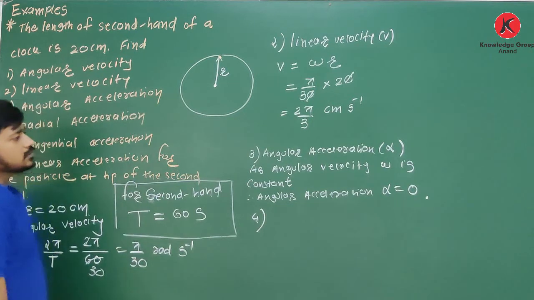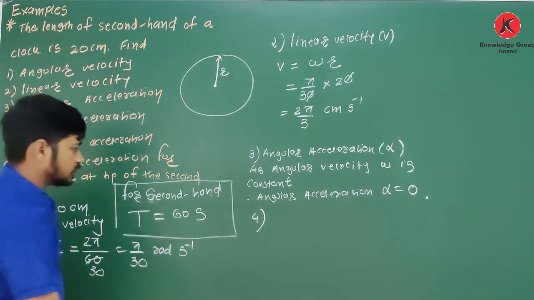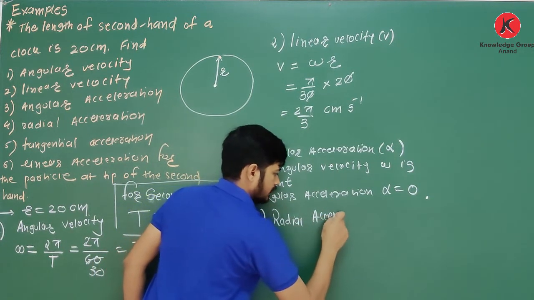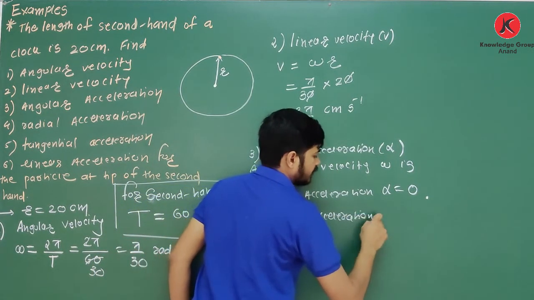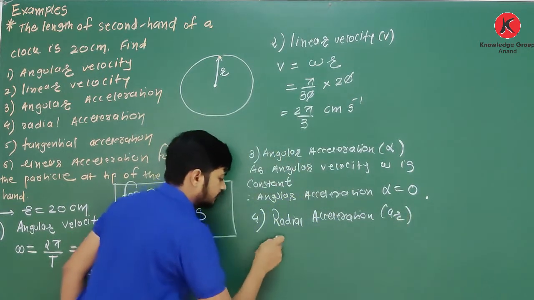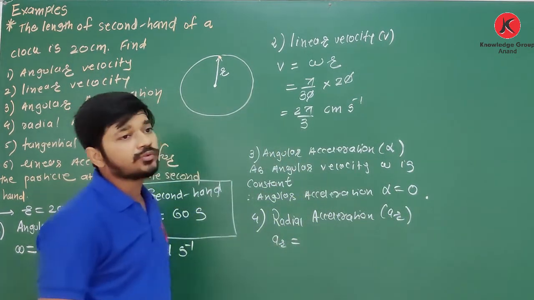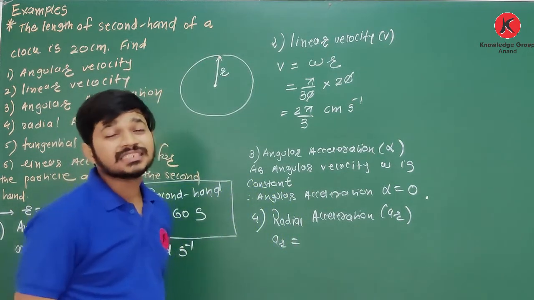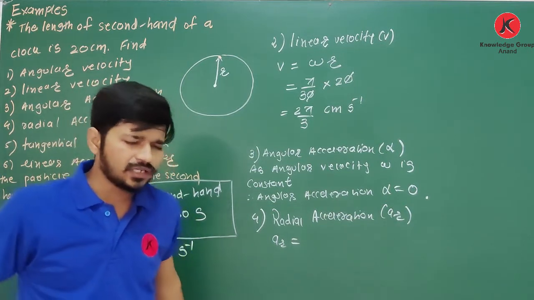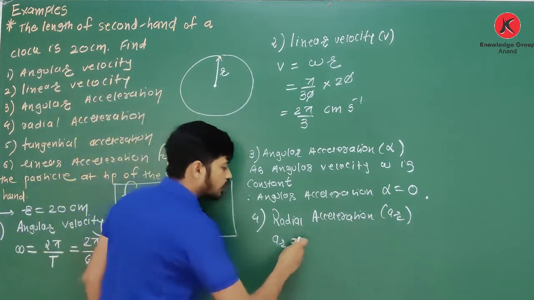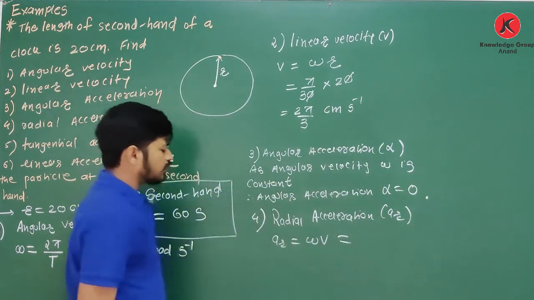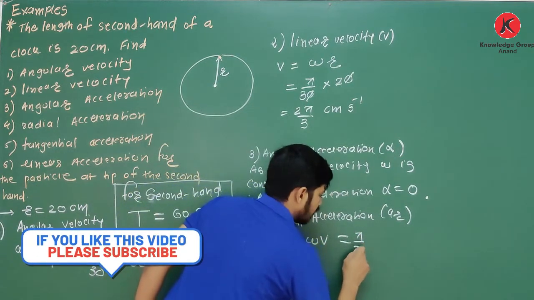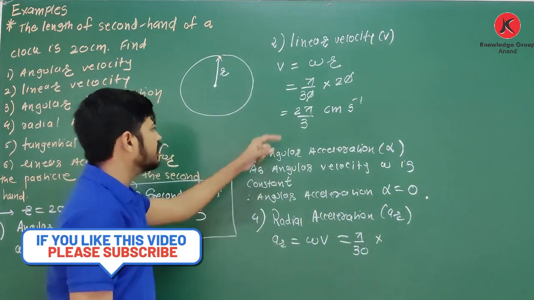Next question, number 4, radial acceleration. Radial acceleration means AR, and its equation is AR is equal to omega v, which is equal to omega square r, which is equal to v square upon r. You have 3 equations and you can use any one. We will use omega into v. Here omega is pi by 30 and v is 2 pi by 3.